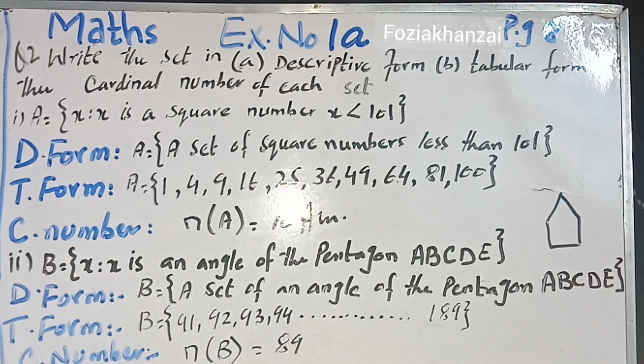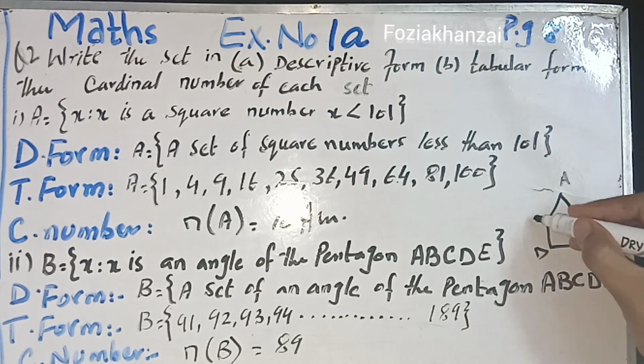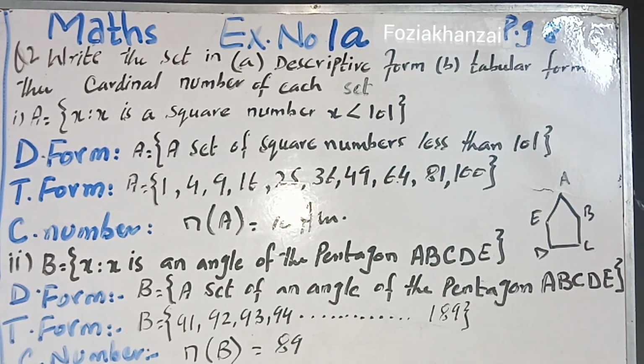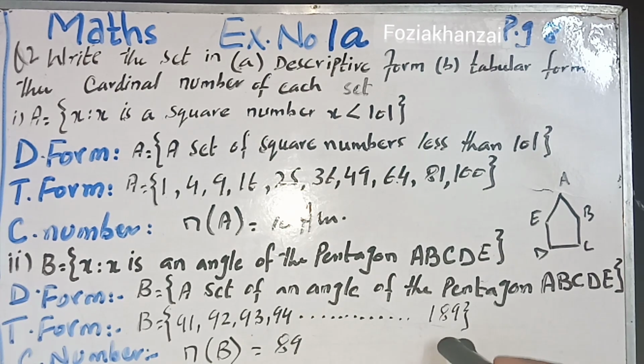In descriptive form: a set of angles of the pentagon A, B, C, D, E. There are 5 angles in a pentagon, so we use greater than 90 degrees. After 90: 91, 92, 93, 94, and so on, till 189. Before 190 we use 91 till 189.